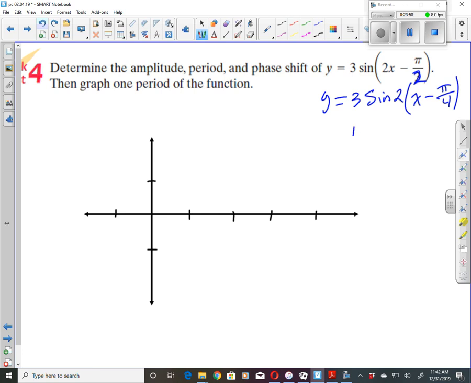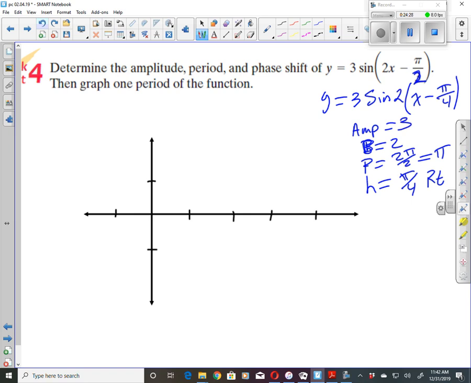This gives me an amplitude of 3, a b value of 2, a period of 2 pi divided by 2, or pi, and an h value, a horizontal shift of pi over 4, and I'm going to tell you that it's to the right because it's minus pi over 4.